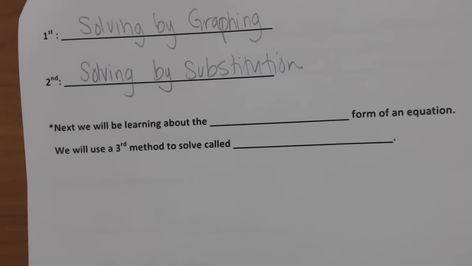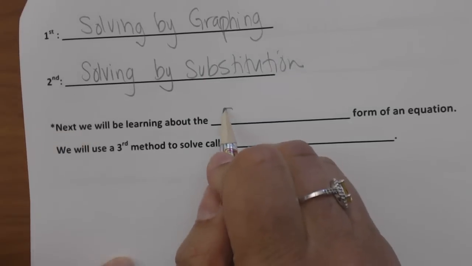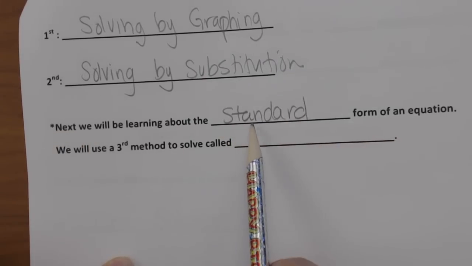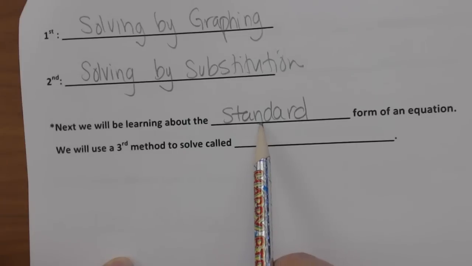After we learn about solving by graphing for slope-intercept and getting a solution by substitution, we are going to be learning about the standard form. So we're going to be learning about a new form, everyone, and it's going to be called standard form of an equation.